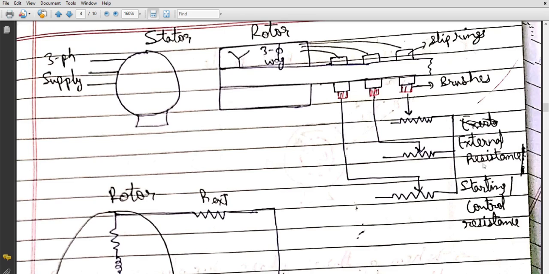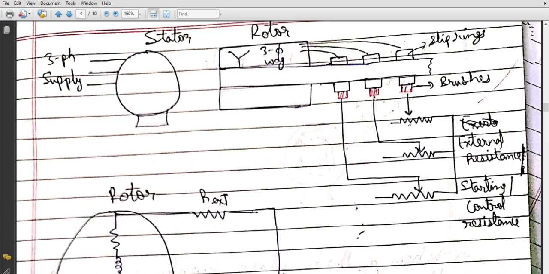These resistances are added only at the time of starting, because at the time of starting a huge current flows in an induction machine, which may create a lot of problems, which we'll discuss in depth when we discuss the starting of induction machines. To avoid that huge current, we add this external resistance, which will obviously reduce the current, improve the starting of an induction machine, and lead to higher starting torque, which is very essential.